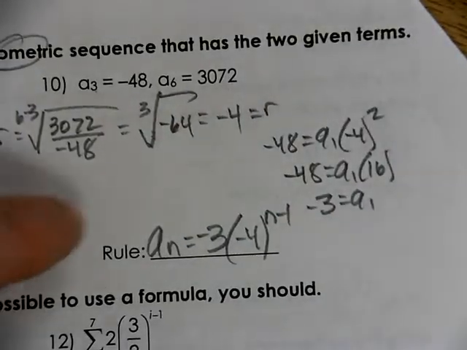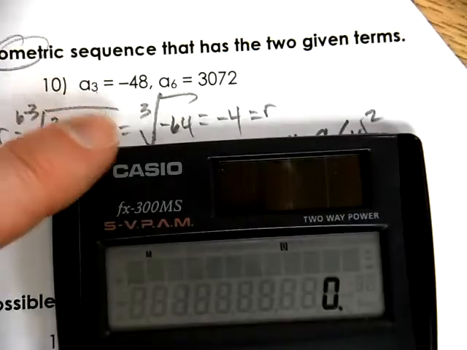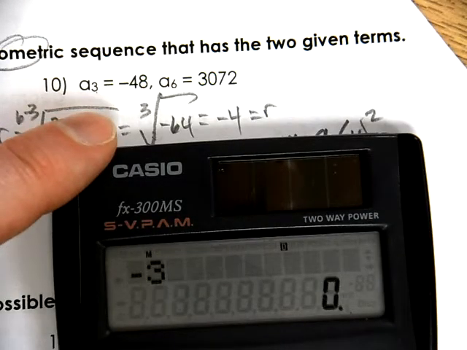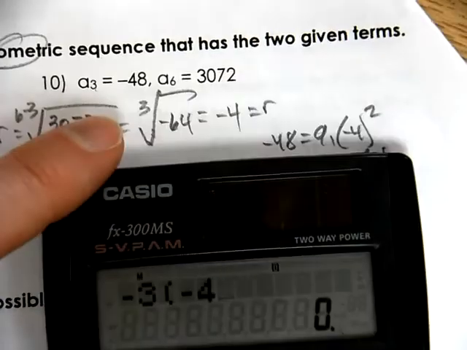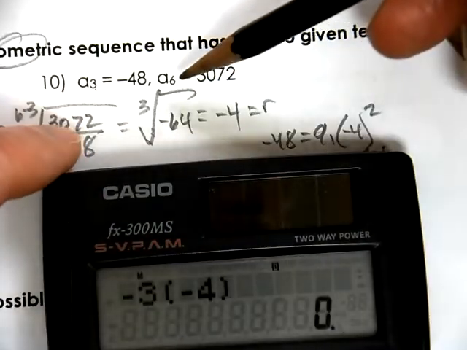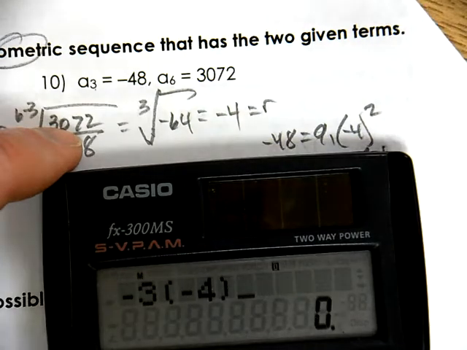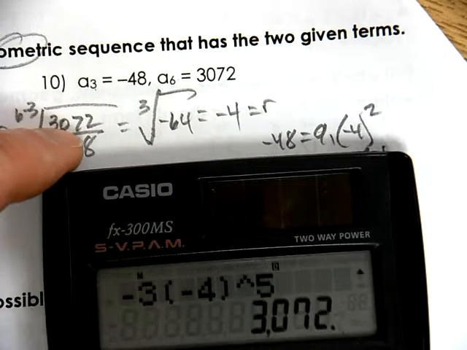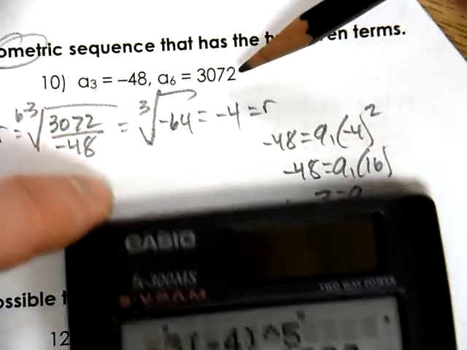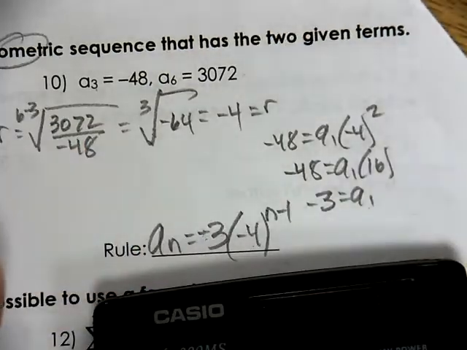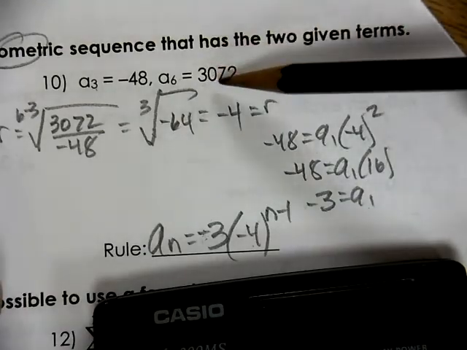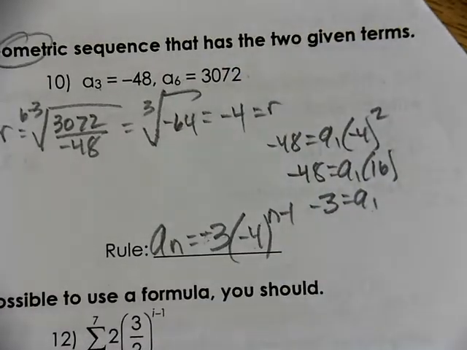And let's test it to see if it's working out. Negative 3 times negative 4 to the n minus 1. And when we plug in a 6, 6 minus 1 is 5. We get the answer of 3072.